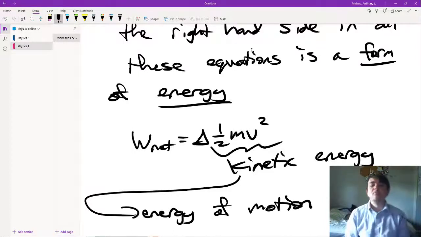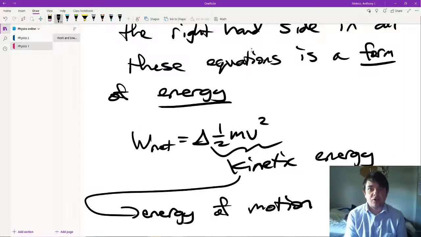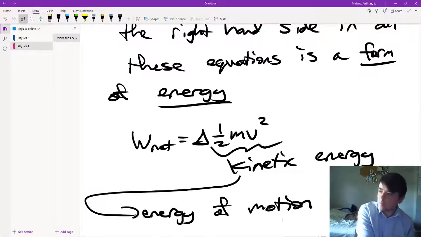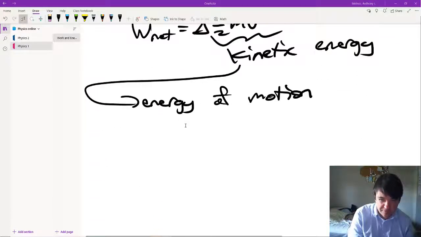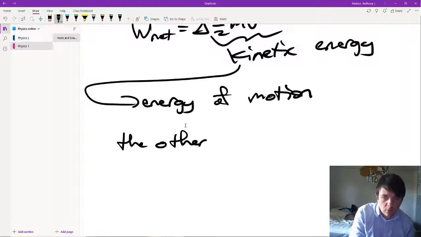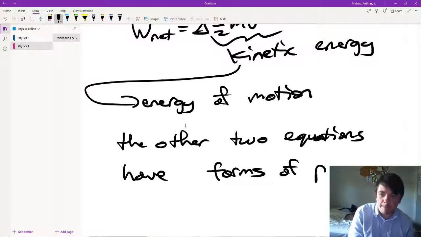If an object is moving, it has what we've defined as kinetic energy. The next two equations have forms of potential energy.